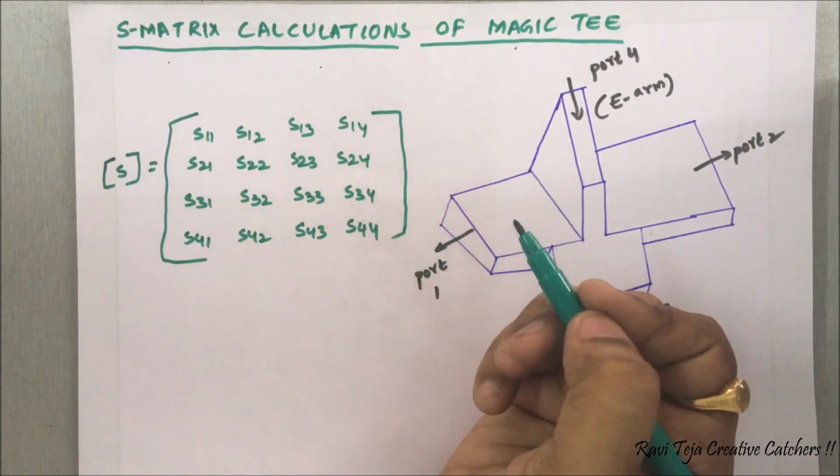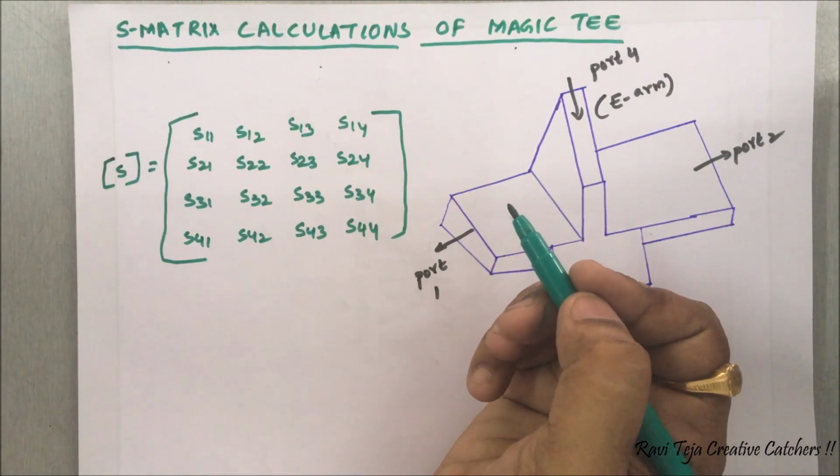This is our 4 into 4 scattering matrix of a magic T.